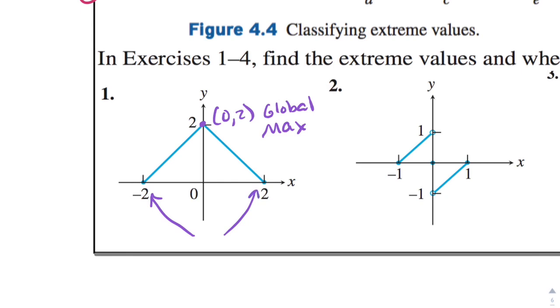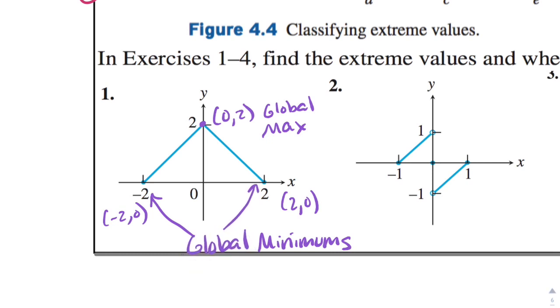And then at -2, 0 and 2, 0, we have two global minimums. Again, there can be more than one as long as they are tied. If they are tied, then they both count. So they're both global minimums, and because they're global, it implies that they are also local. So feel free to write local if you would like to.